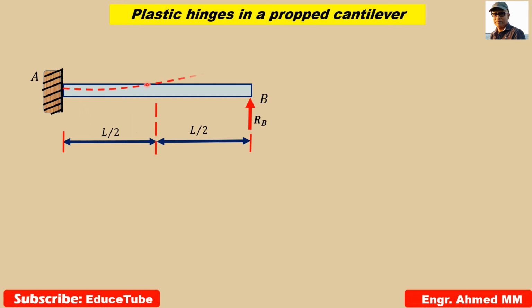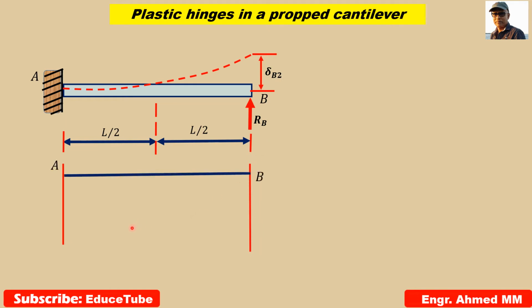Drawing this deflection curve, I am getting the deflection δB2. Now here I am drawing the bending moment diagram like in previous slides. We have to get the area of this.